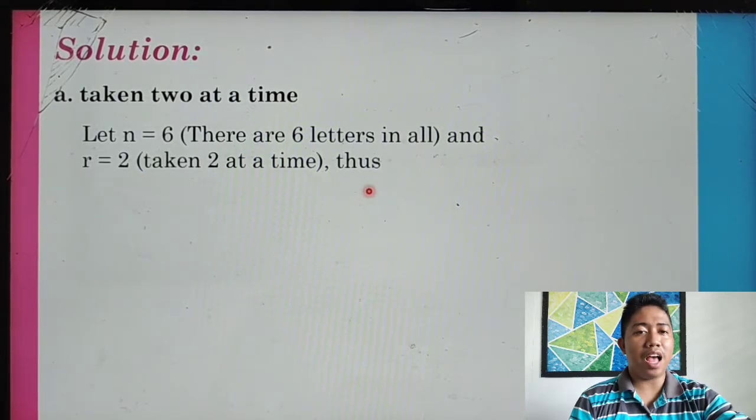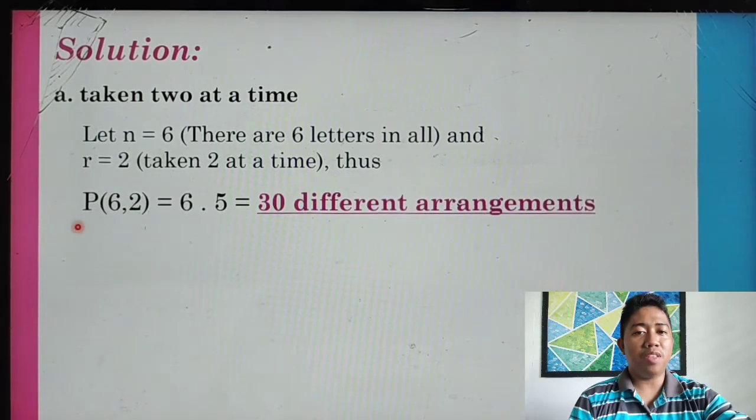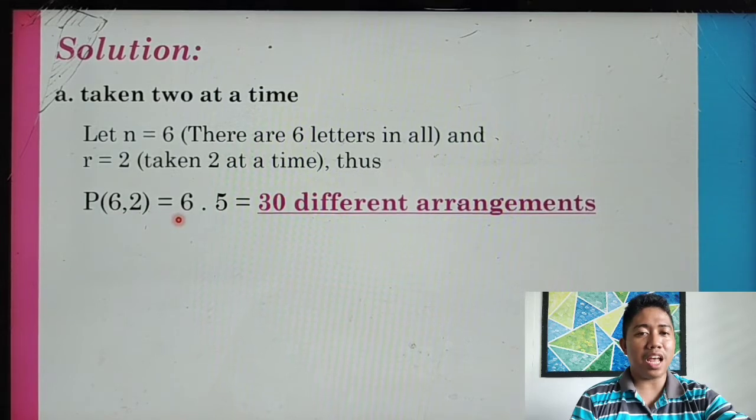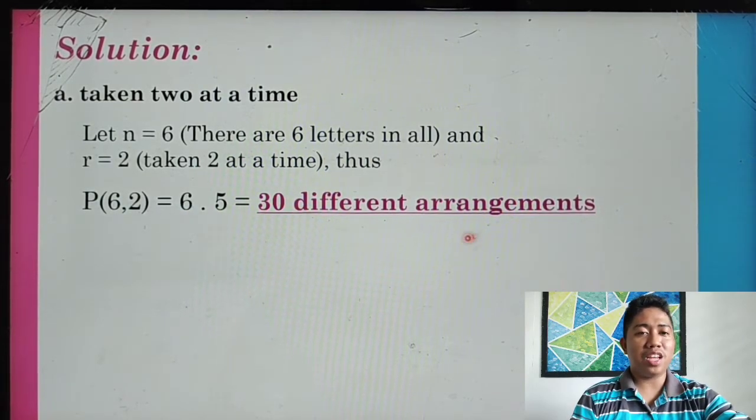Using the formula for general permutation, the permutation of 6 taken 2 needs 2 factors, starting from 6 and decreasing by 1 to 5. So 6 times 5 gives 30 different arrangements of 2 letters among these 6 letters in the word JOYFUL. That is the final answer for letter A.